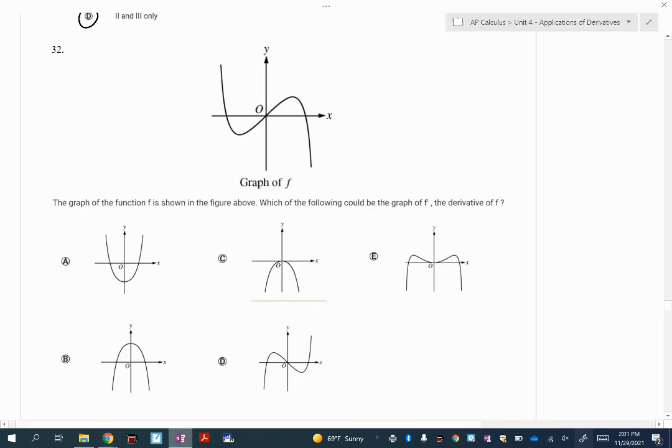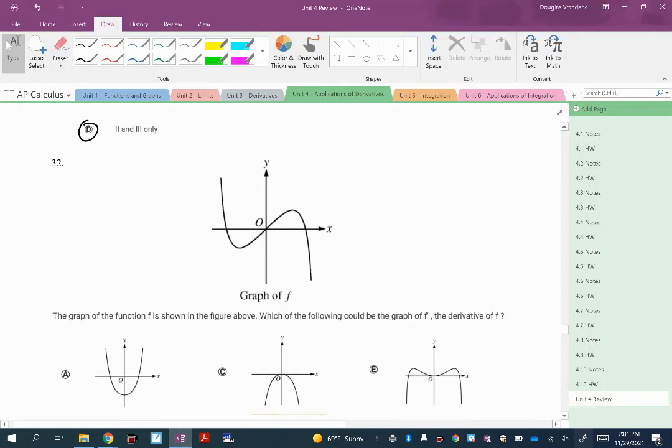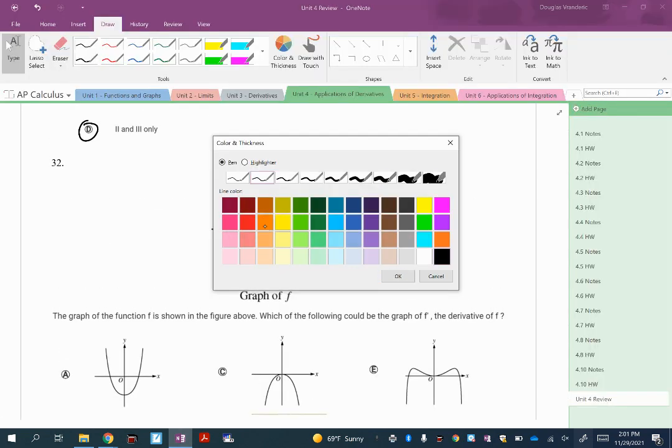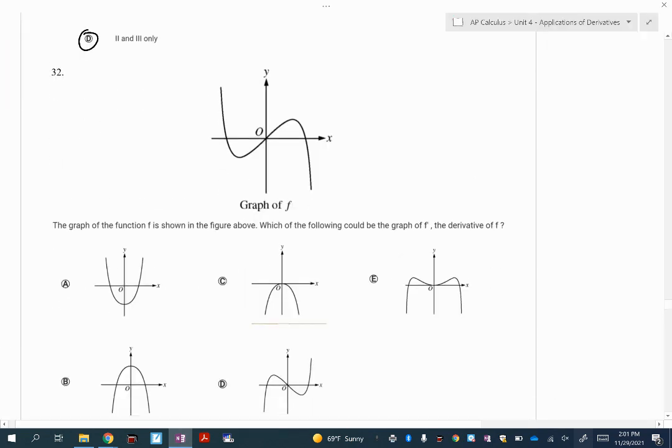I ask myself, is the slope going to be positive or negative? I'm noticing that all of these are negative until you get here, where the slope is 0, and then the slope of our tangent lines is positive until there, and then it's negative again forever. So that's how I kind of do it.